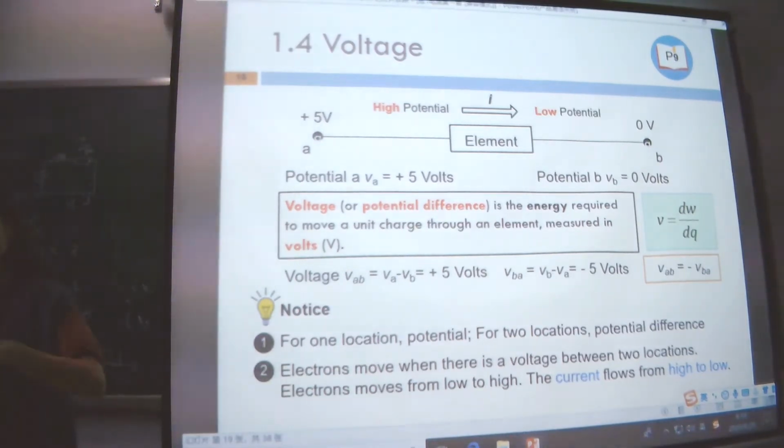We have another concept in the magnetic and electric field. What is the direction? We say it's E. So the direction of E is also from the positive, high potential, to the negative potential. Okay.